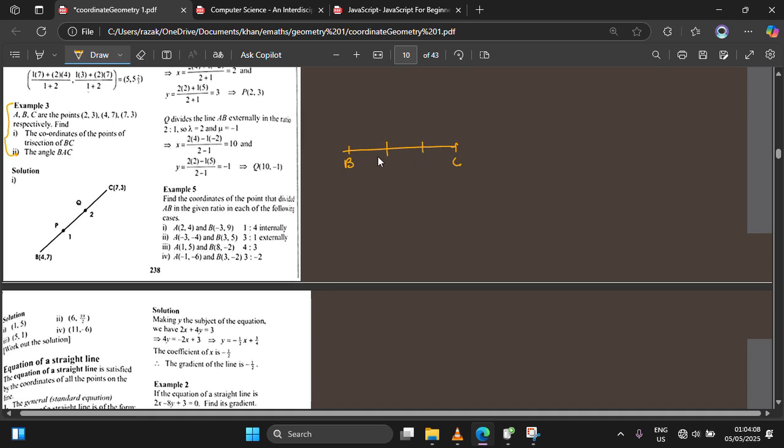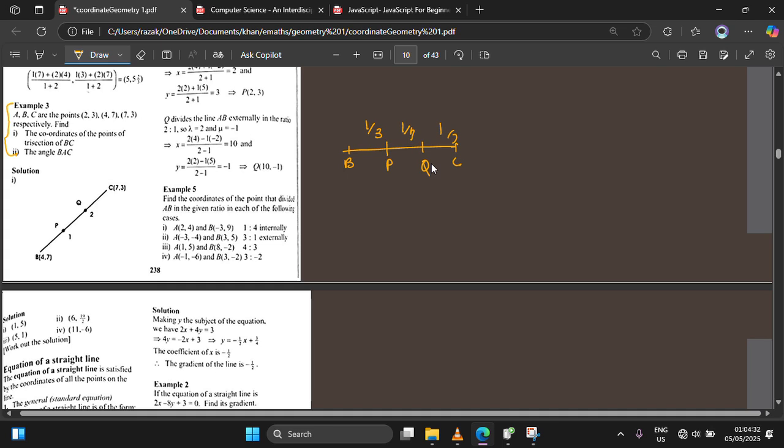So we have P and then Q, such that this will be 1, this will be 1, this will be 1, or this will be 1 over 3, 1 over 3, 1 over 3, so that the length of each one will be the same. That means we are dividing BC into 3 equal parts. But how do we solve such a question?